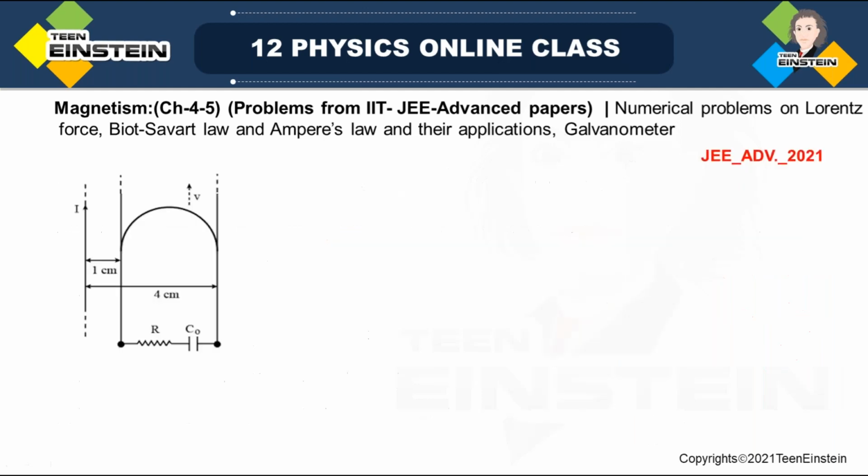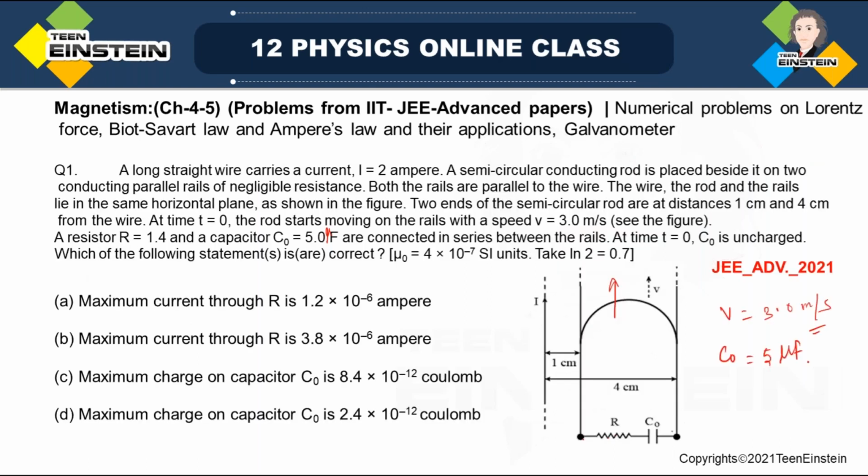So this is actually from EM induction, even though it looks like it is from magnetism. Anyway, let us solve this problem, because we need knowledge of both, since it is a question from JEE Advanced paper. In advanced questions there will be no boundary that a question will be only from magnetism or only from EM induction.